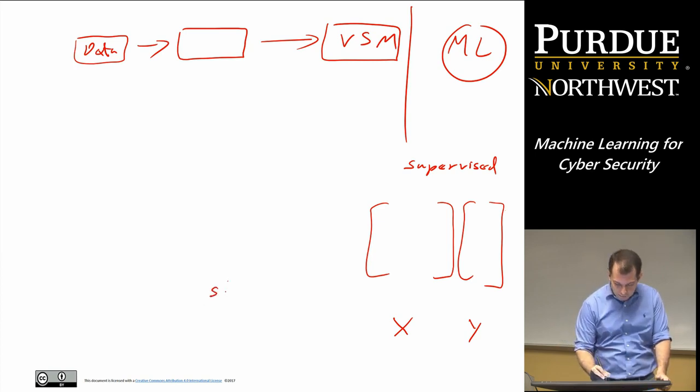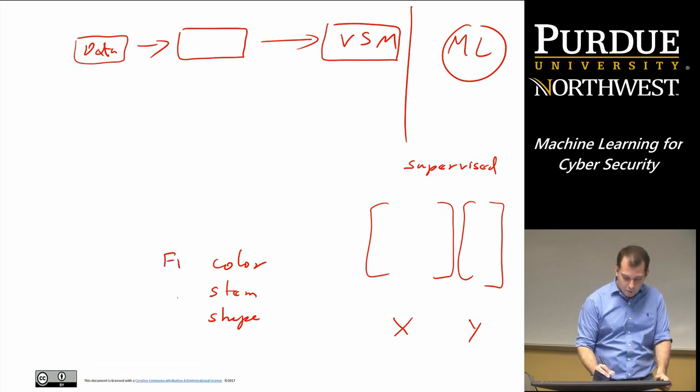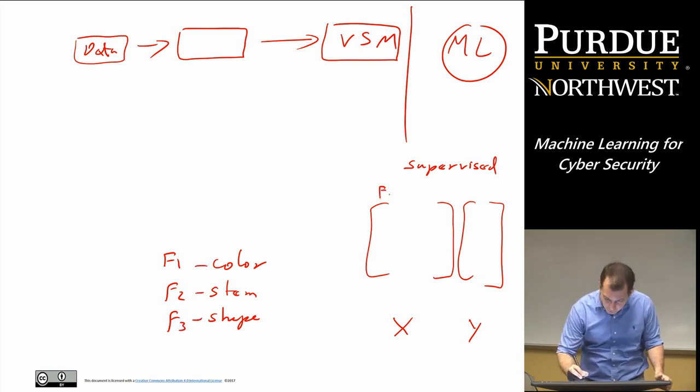So stem, shape, and color, correct? Now we don't want to write all of this on the matrix, so let's just call these F1, F2, F3. You see that? Pretty simple. So we do F1, F2, F3, let's say F4.